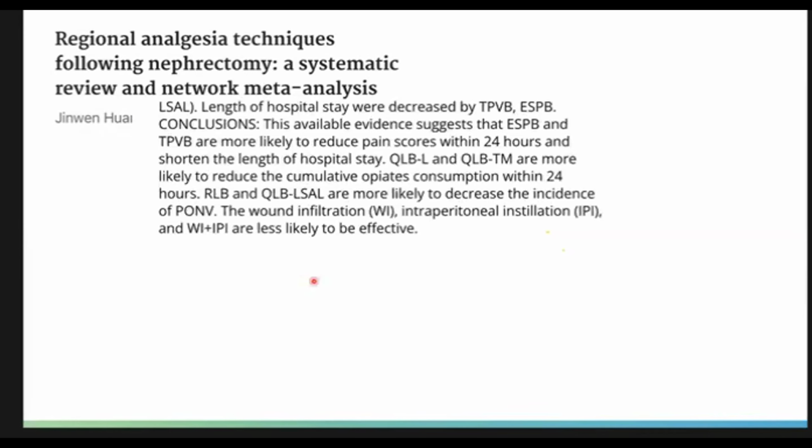Lateral quadratus lumborum block and transmuscular or the anterior quadratus lumborum block were more likely to reduce opioid consumption within 24 hours, and they were more likely to decrease the incidence of post-op nausea and vomiting as well.